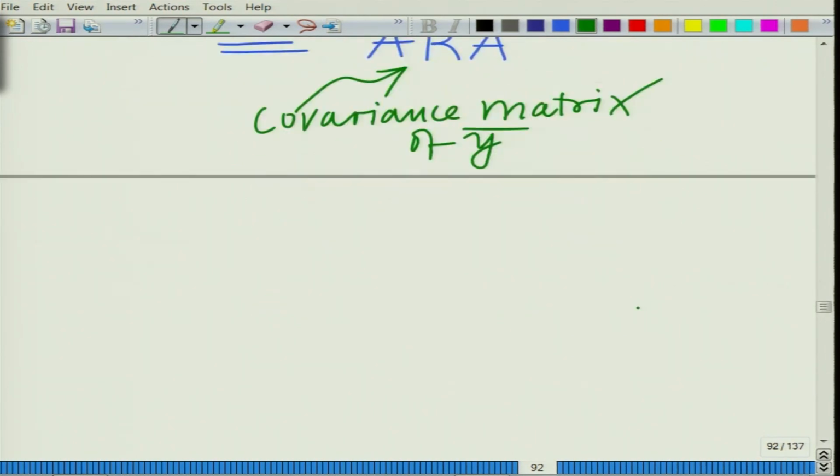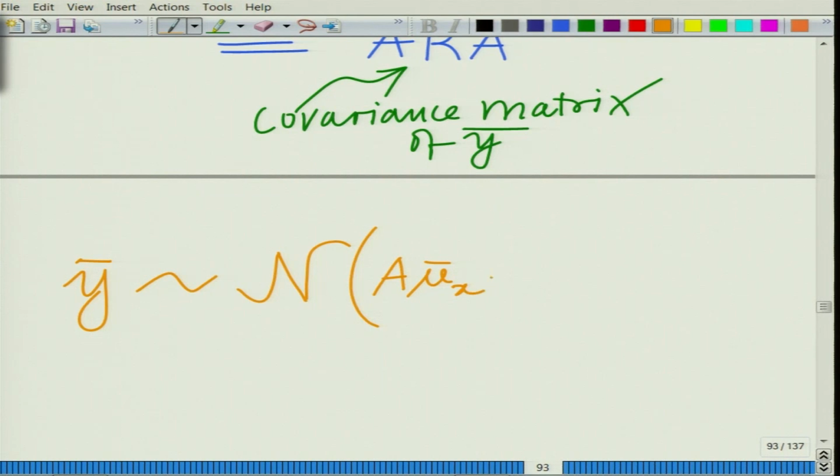And therefore, y bar is also Gaussian, let me write this down clearly, y bar is distributed as a Gaussian with mean A times mu bar x plus b bar, covariance A R A transpose.